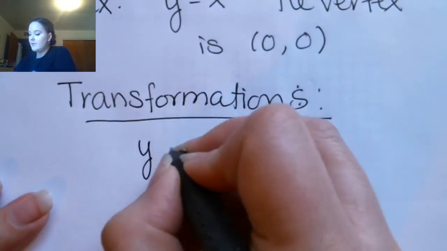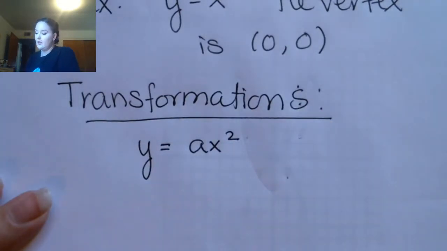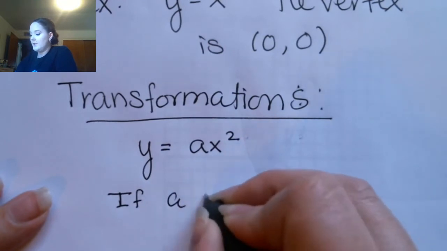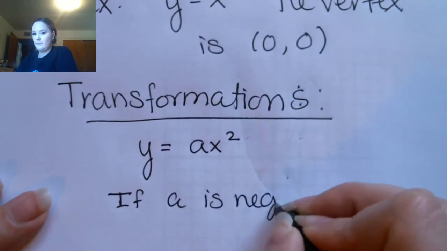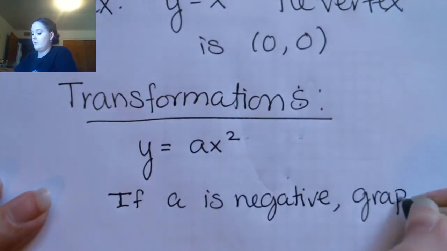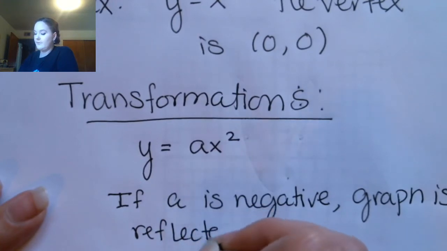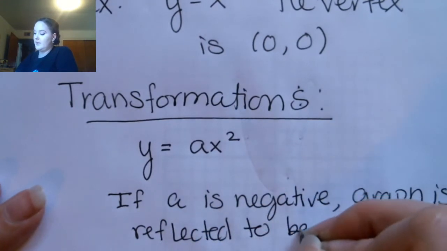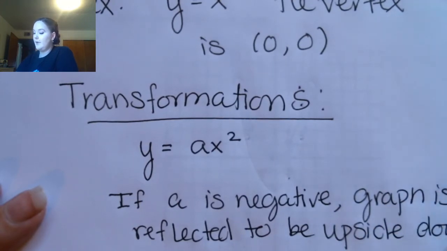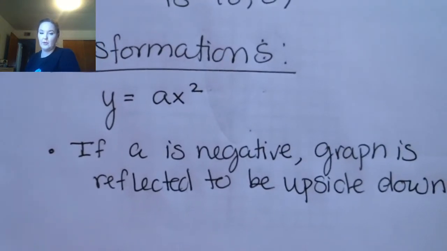So if we have something that looks like this, we know that if a is negative, the graph is reflected to be upside down. So that's one transformation that we saw in the previous example.